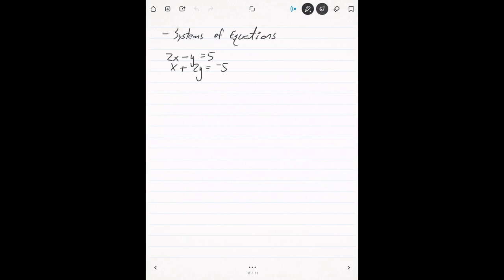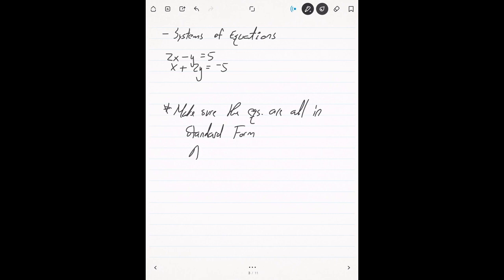The way in which we do that is by working with the coefficients. That's really the important bit of information that we need to know. Now, first off, before you do anything, I'm going to put a big note here: make sure the equations are all in standard form.